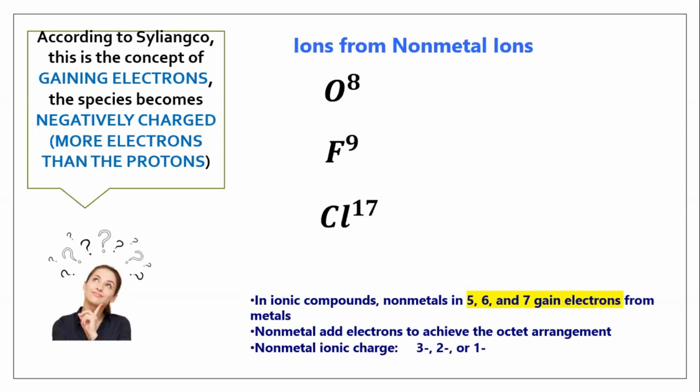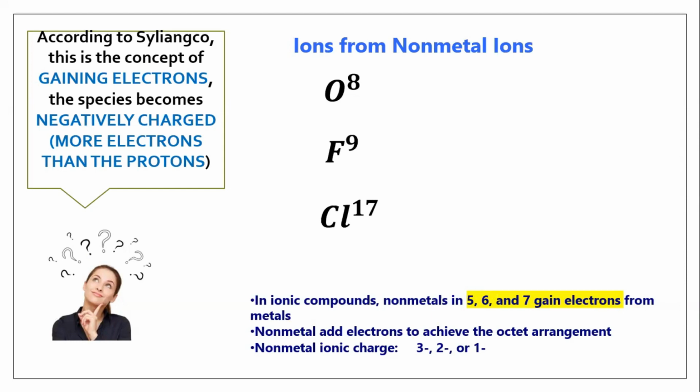So ibig sabihin, yung mga elements po na kabilang sa groups 5, 6, and 7, or they have valence of 5, 6, and 7, no? So these are elements that are capable of gaining electrons. So kapag nag-gain sila, ibig sabihin, mas negatively charged sila kasi mas marami silang nakuhang electrons, specifically from metals.